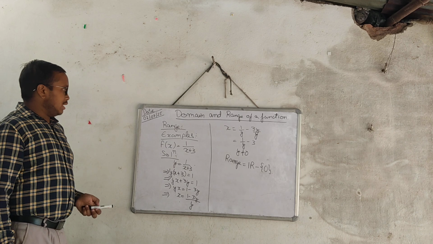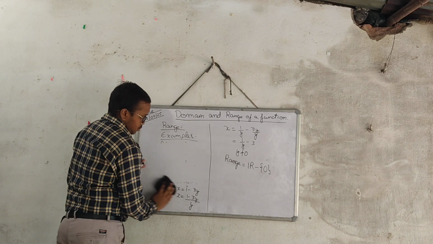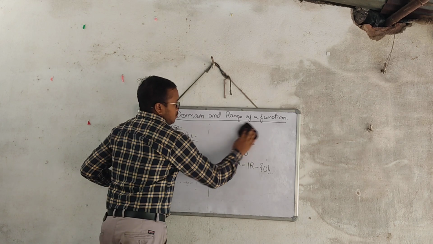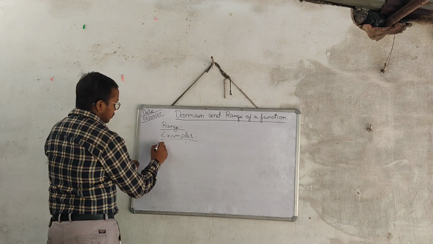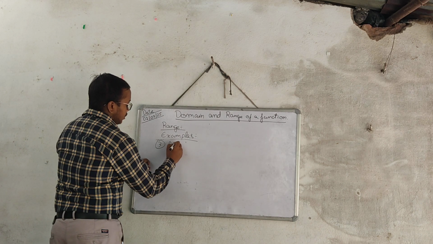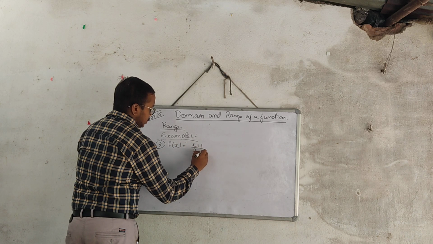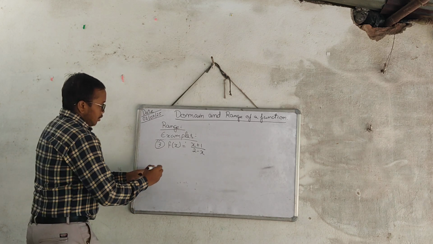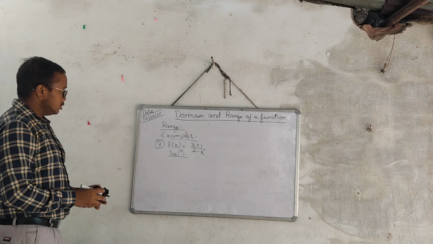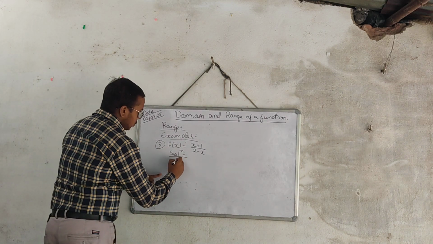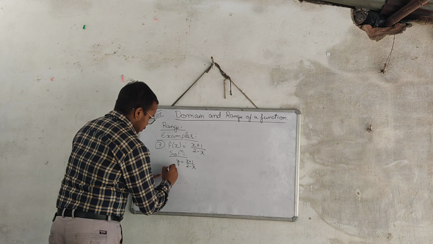Now we'll do one last example on range. Consider a function f(x) is equal to (x plus 1) by (2 minus x). Now to find out the range, we'll consider this as y is equal to (x plus 1) by (2 minus x).